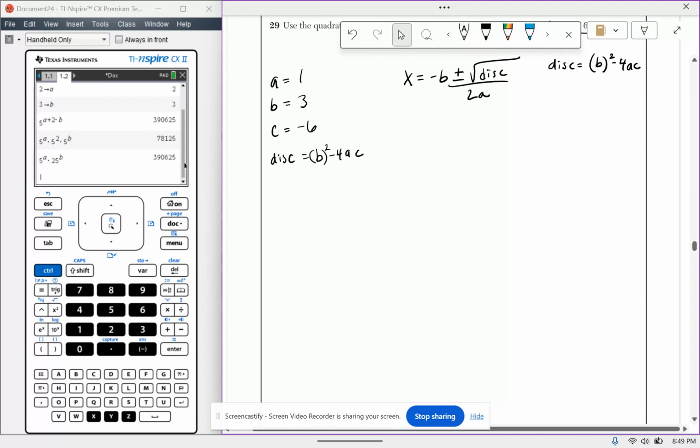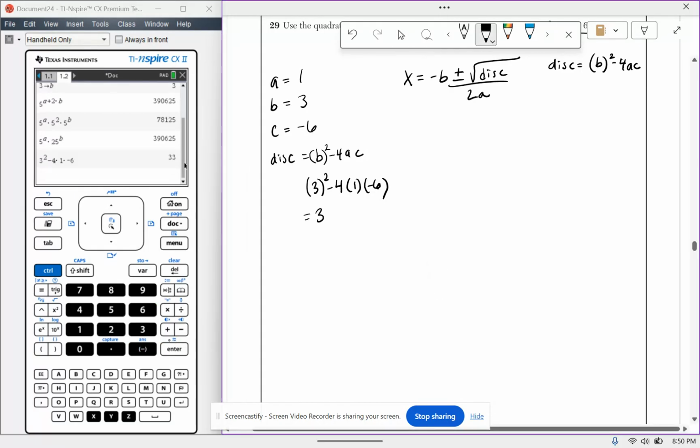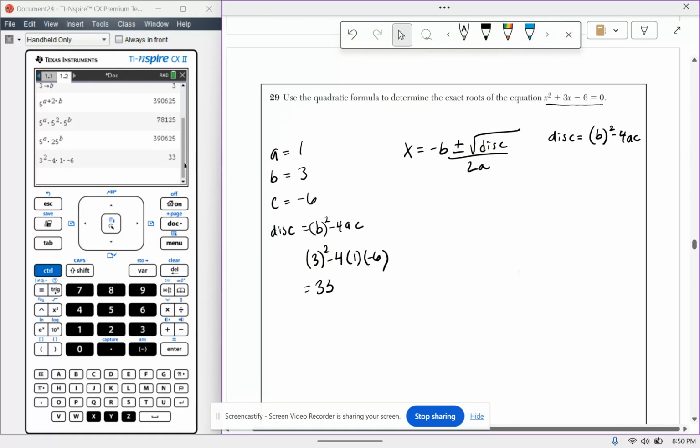Please, please, please put your B in parentheses. I don't know how many times I have to say it. So let's type this in: 3 squared minus 4 times 1 times C. My discriminant is going to be 33.